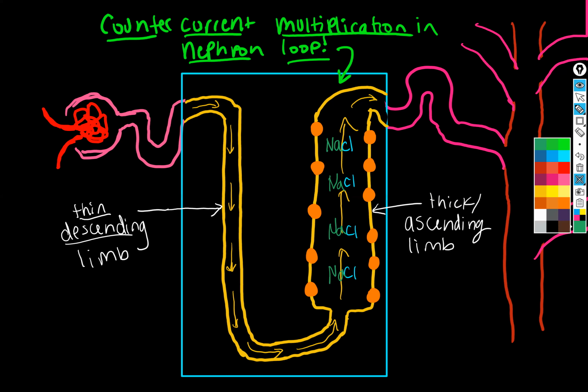So that implies ATP use, and this is using ATP. So I'm just going to write an ATP in each one of these, not because this is ATP, it's not, it's a pump, but rather to indicate that it's using ATP, making this an energetically costly active transport situation.